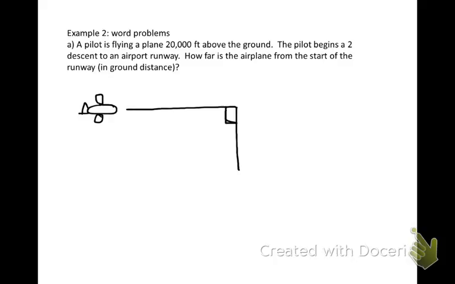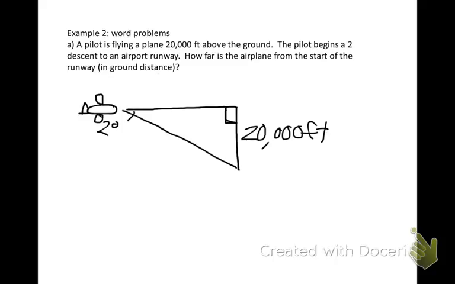Okay, so a pilot is flying a plane 20,000 feet above the ground. So that would be this part right here. He's doing 20,000 feet above the ground. And he begins a 2-degree descent. 2 degrees.